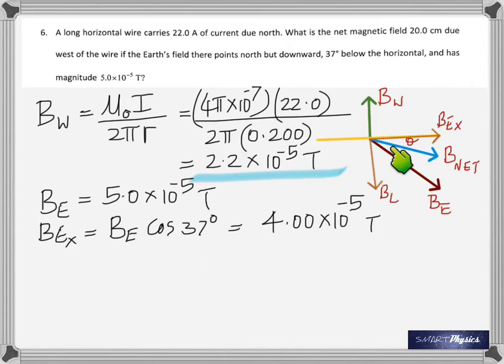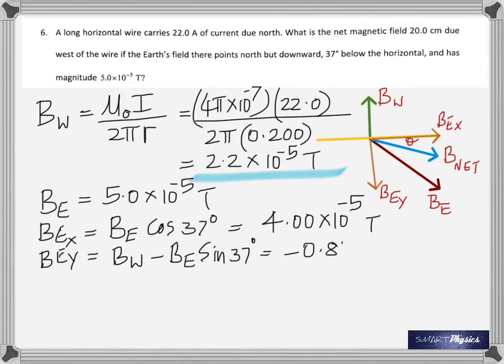And now this is the vertical component of BE, which is BEY, which is BE sine 37. And I've not written that because I've tried to write the total component along the y-axis, which would be this minus this. Okay, and I told you BEY is BE sine 37. So I've written that in one step.